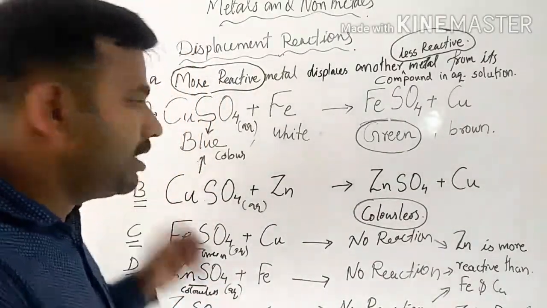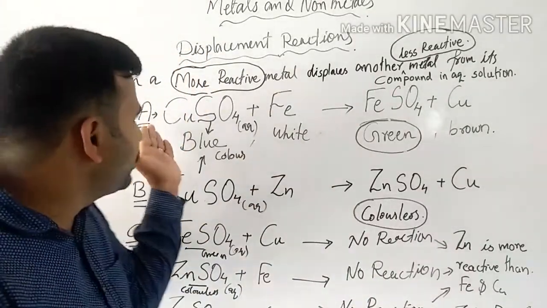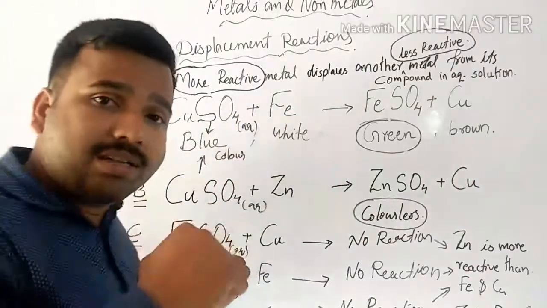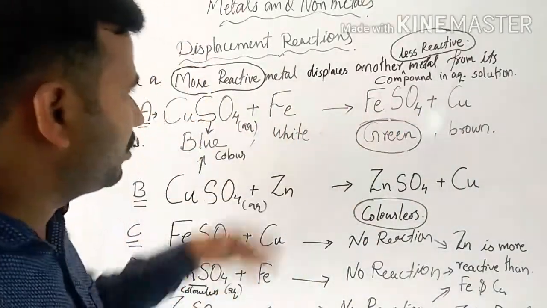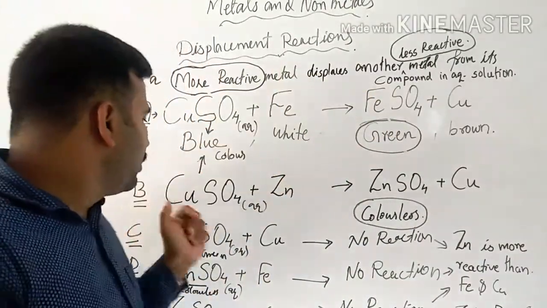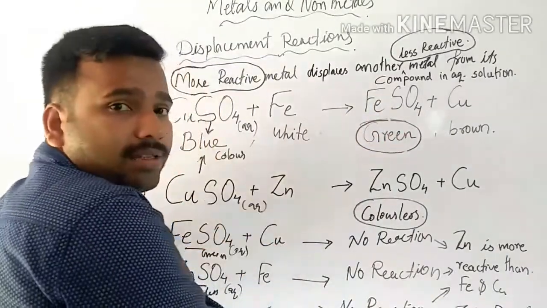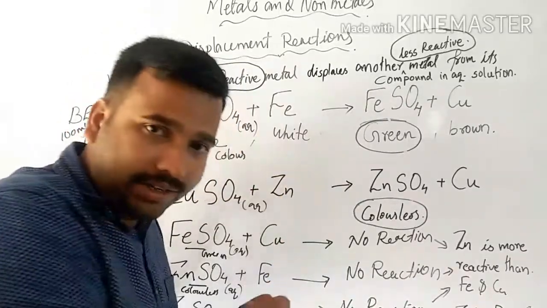In the first two cases, the displacement reaction has happened. Here we have taken copper sulfate solution. Since copper is less reactive than iron, iron sulfate and copper are formed; copper is displaced by iron, which forms its own salt. Copper cannot displace iron, so copper is weak, or less reactive.